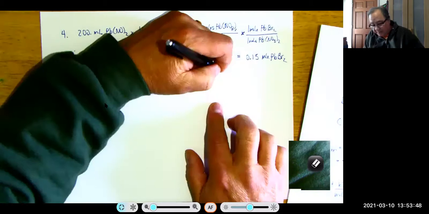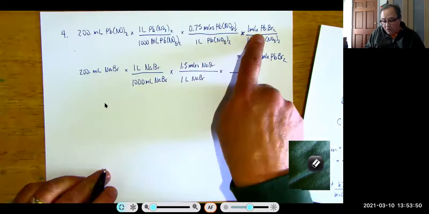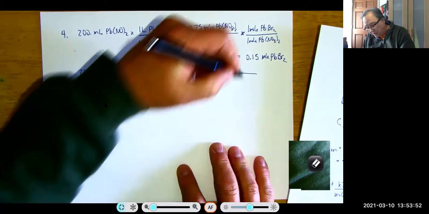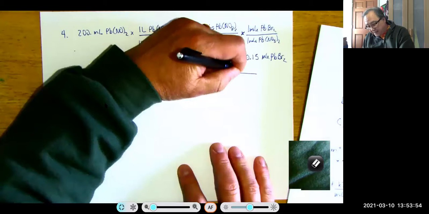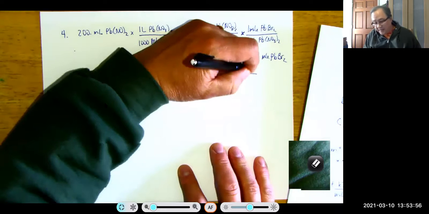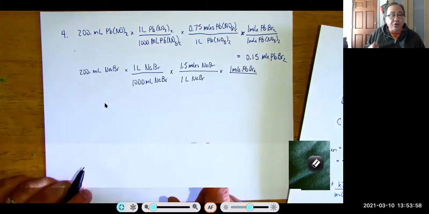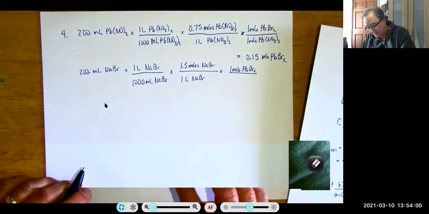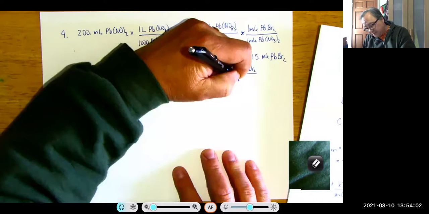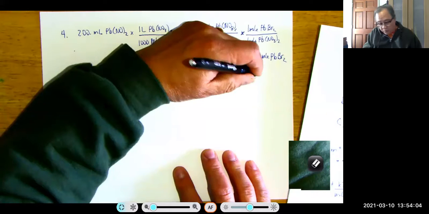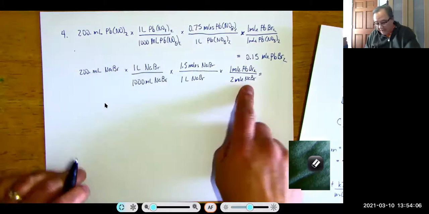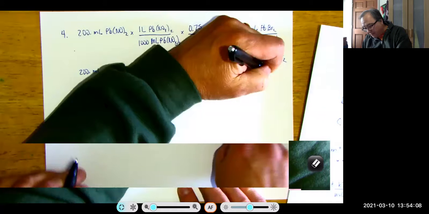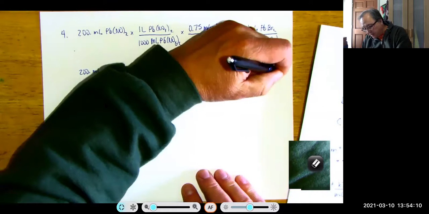And the stoichiometry is different. It's not 1 mole. Well, it is 1 mole of lead bromide, lead 2 bromide. But in the balanced reaction, it says 2 moles of sodium bromide. When we do this and do the calculation, we get 0.15 moles of lead bromide.